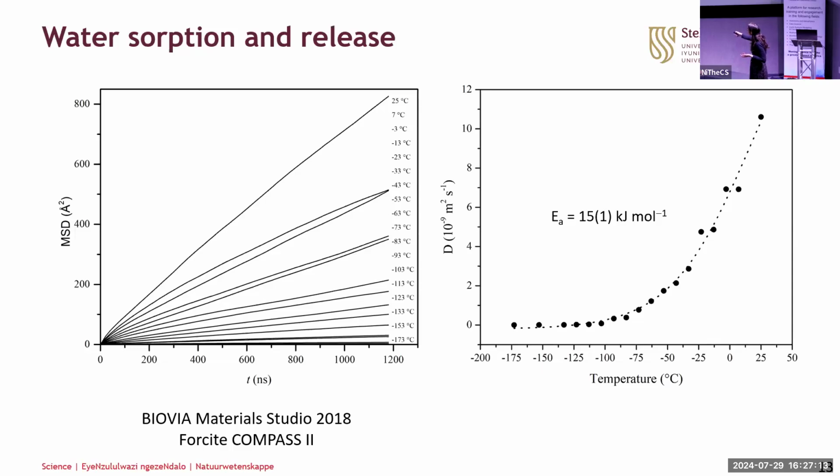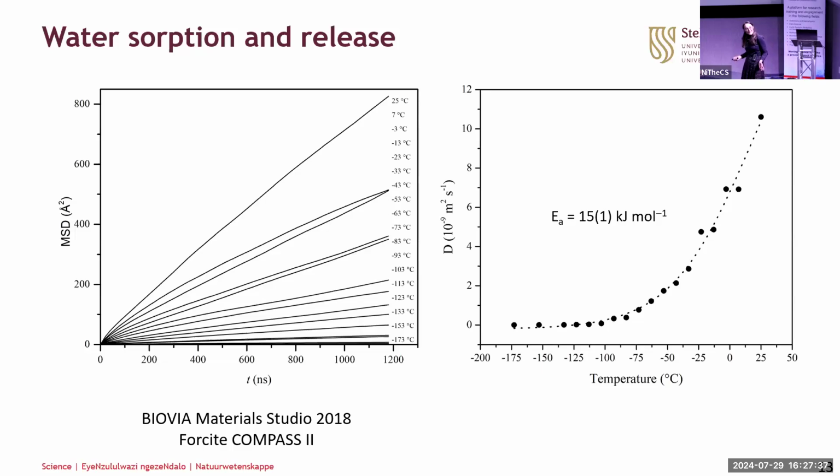So he was able to get the diffusion coefficient of the water inside the channel in this crystal, and was able to plot it versus temperature. And you can see that diffusion definitely continues until it's very, very small, but it continues until fairly low temperatures.